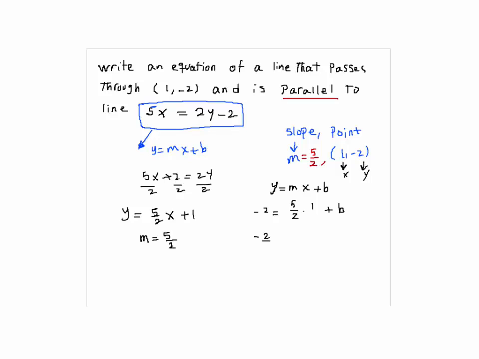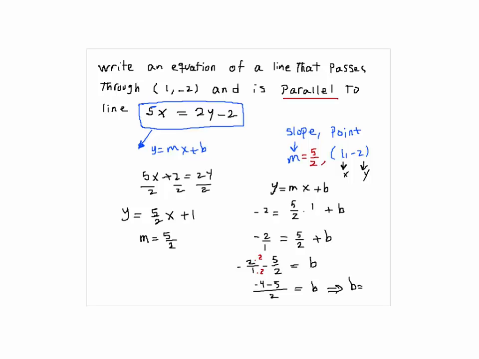So we'll do -2 = 5/2 + b. If I subtract 5/2 from both sides of the equation, then that would be my b. The LCD is 2. If I multiply the top and bottom of this fraction by 2, then you get -4/2 - 5/2. So what is b equal to, anyone?